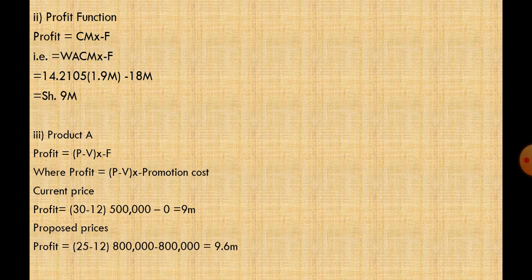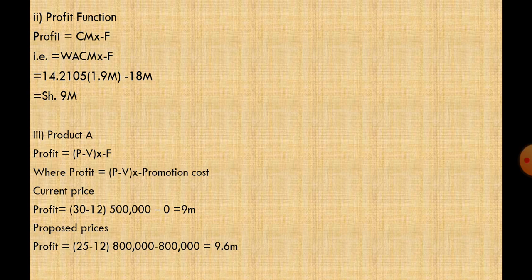Hence, that equation will lead that we have a selling price minus the variable cost multiplied by the units that will be sold there, that is 800,000, but the promotion cost will be 800,000. That will give us a profit of 9.6 million, which is now higher than what we have currently.